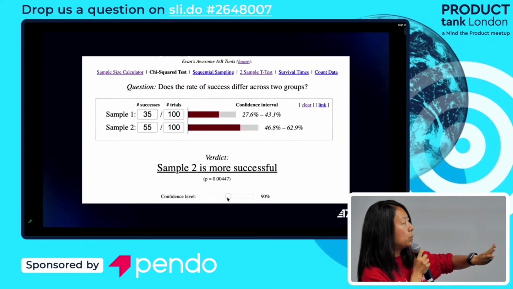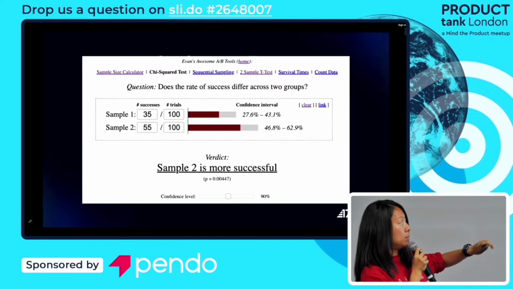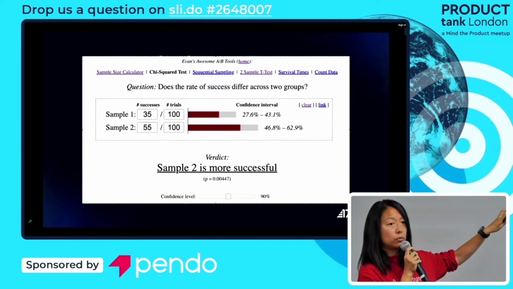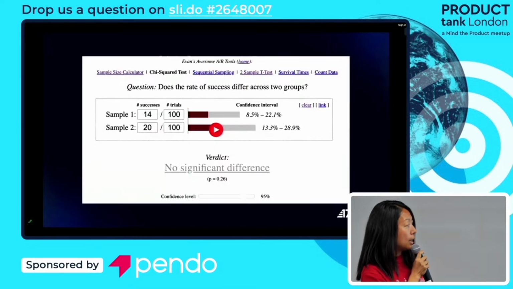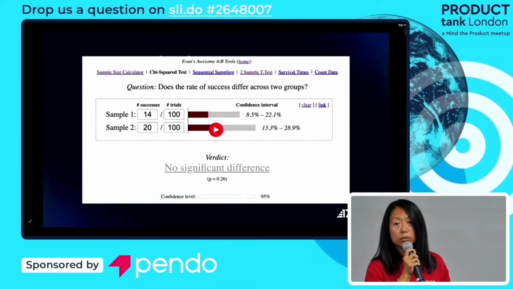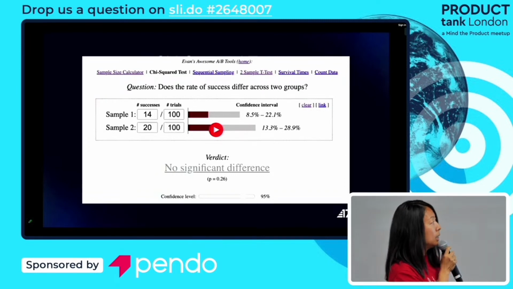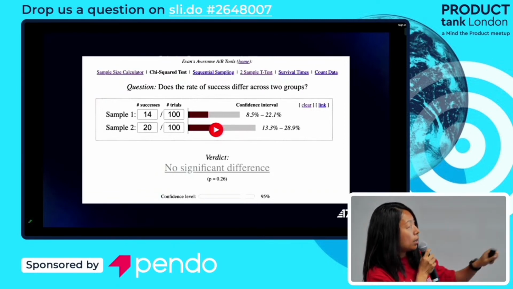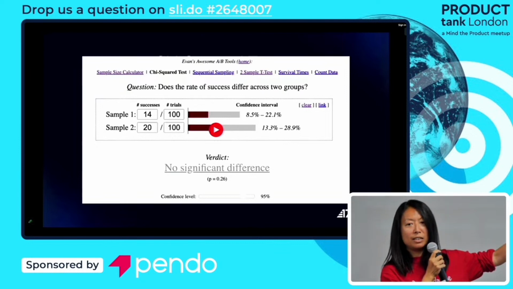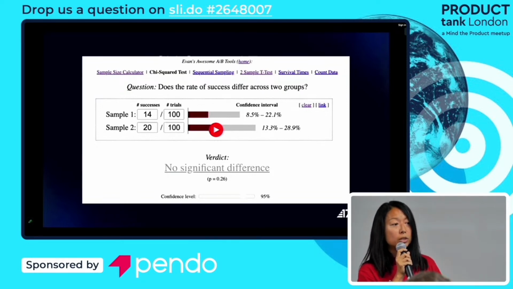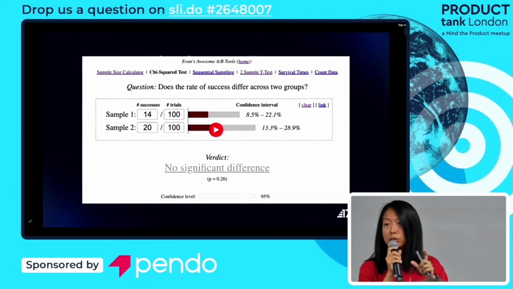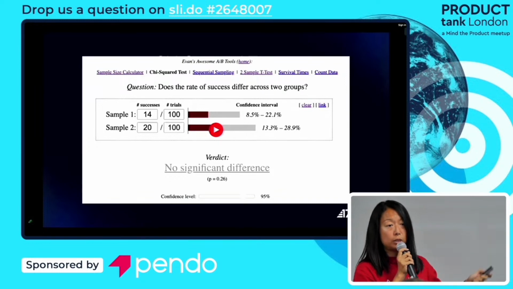So only 4 data points you need to input. The successful results from each group and the trial sizes. Again, here you can tune your confidence level, again, 95%, 90%, up to the scenario you have. There's a button on the link, top right. So this website is actually really good. So once you input those numbers, you can actually share the link with your team. That would take into consideration all the data you've inputted here.